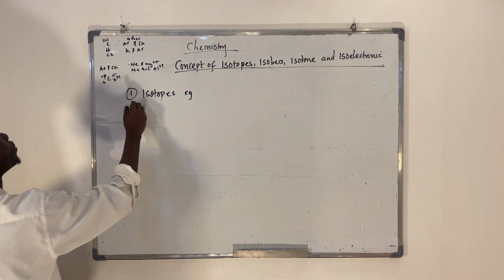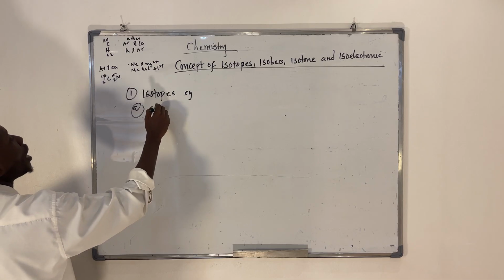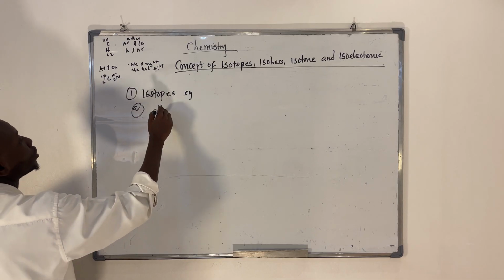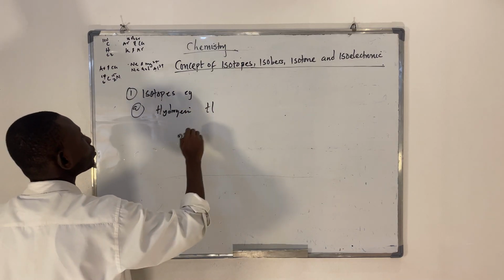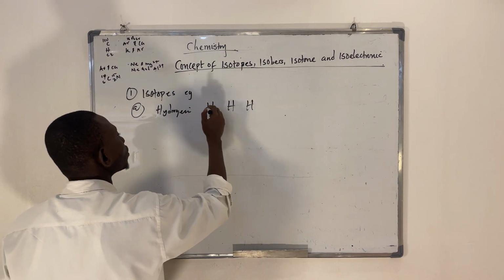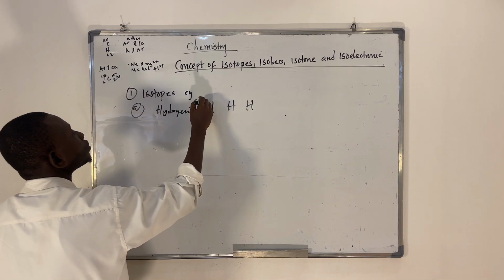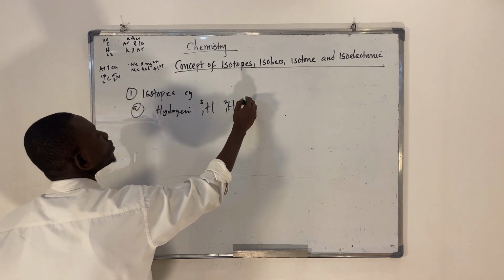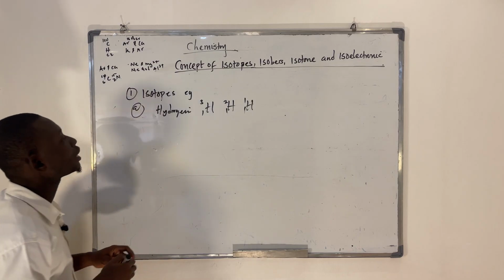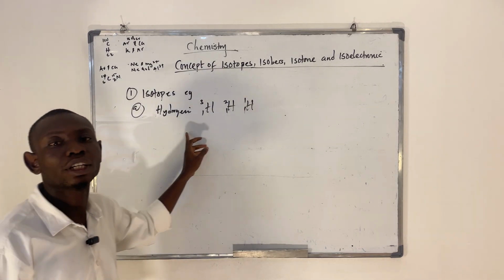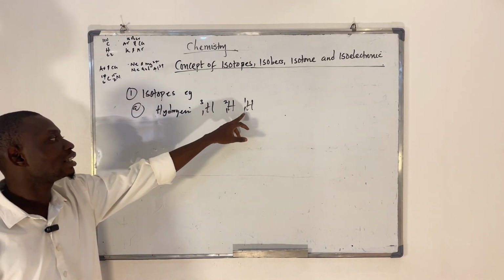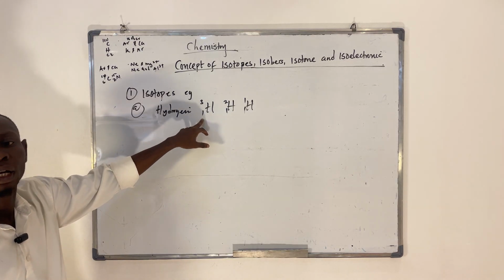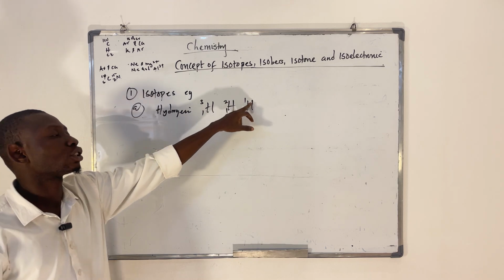One, we have hydrogen. Looking at this, hydrogen exhibits isotope. They have the same atomic number and different mass number.